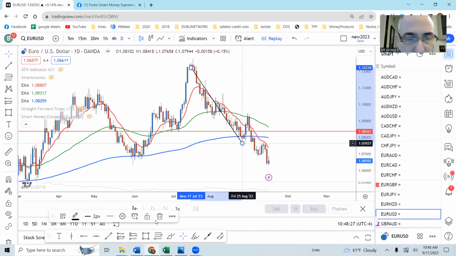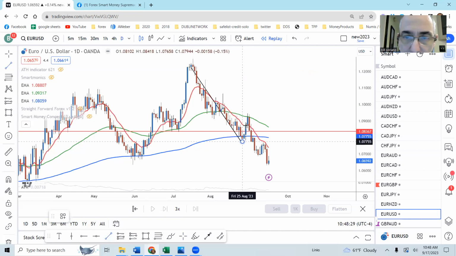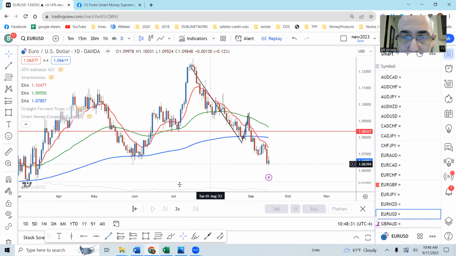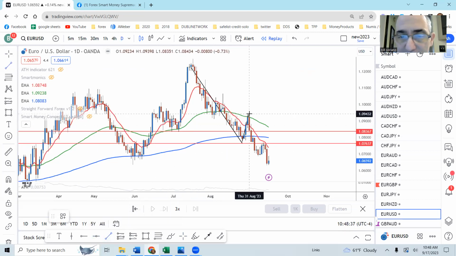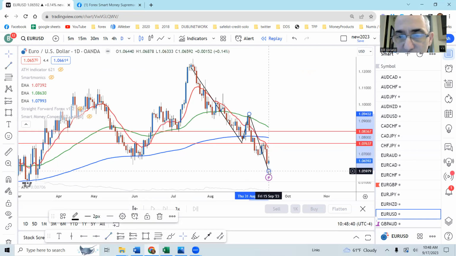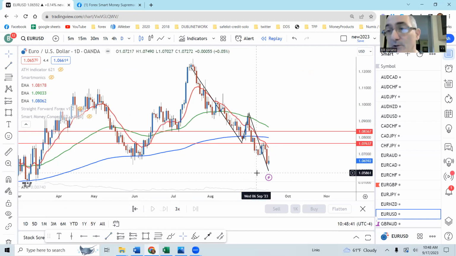Can't work my tool here, guys, sorry. Pulls back up, right? And then it breaks structure again. So that's a ChoCh plus, right? We look for a ChoCh on the 15-minute chart, but this is on the daily, actually. And this is how we can identify early that the bias has now changed on this pair, okay?